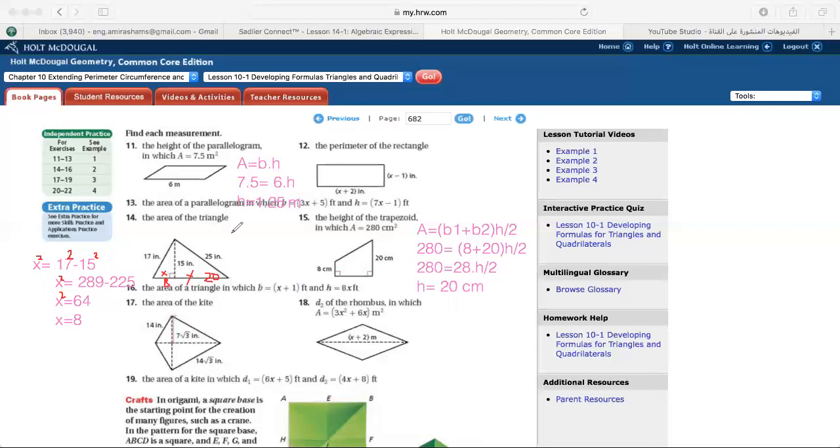So all the base together is equal to 20 plus 8, which is 28.